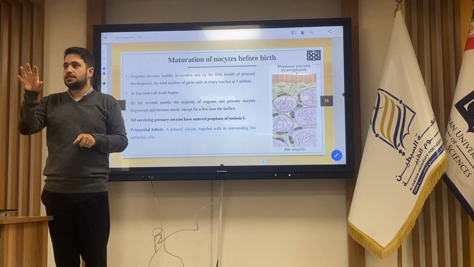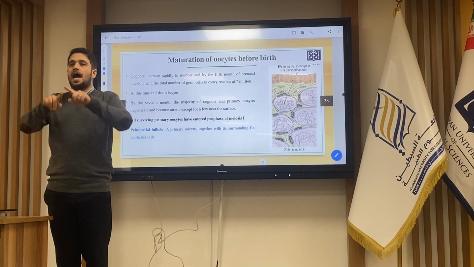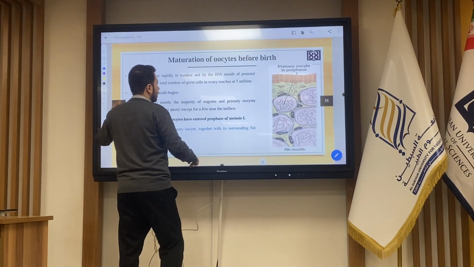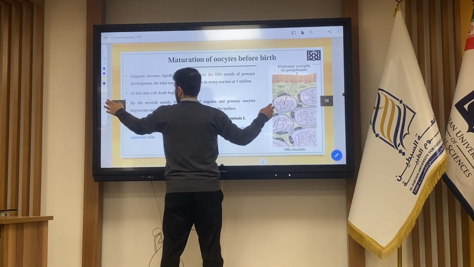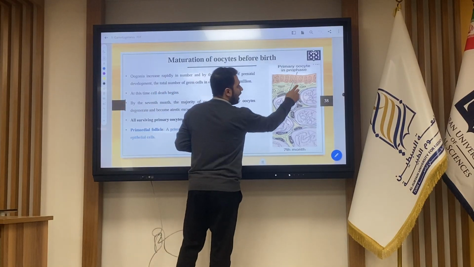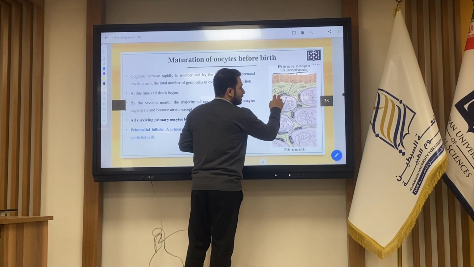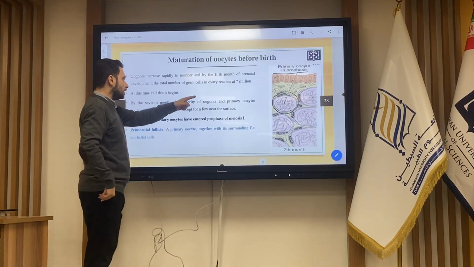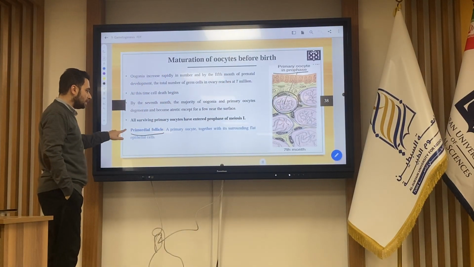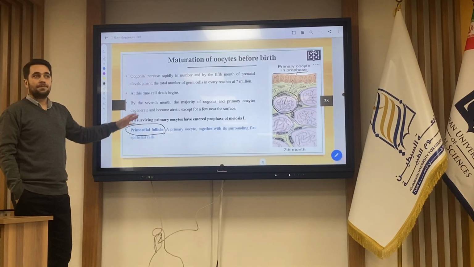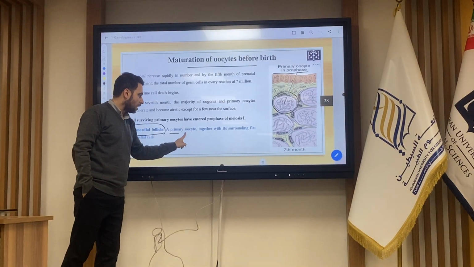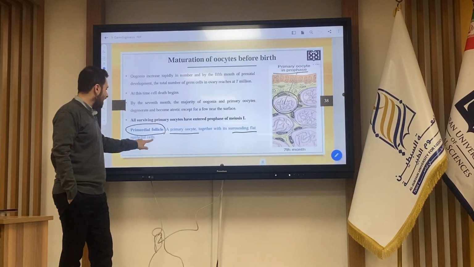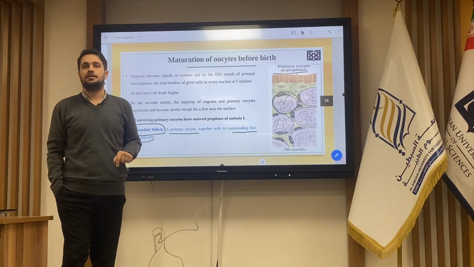So you have the oocyte in the prophase of meiosis 1 and one surrounding layer. Look at here. We have the primary oocyte and it's covered by the epithelial cells. So we call this one the primordial follicle. The primordial follicle contains the primary oocyte plus surrounding flat epithelial cells.